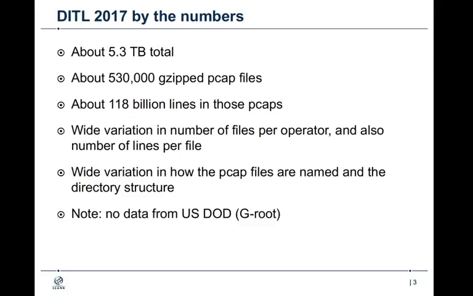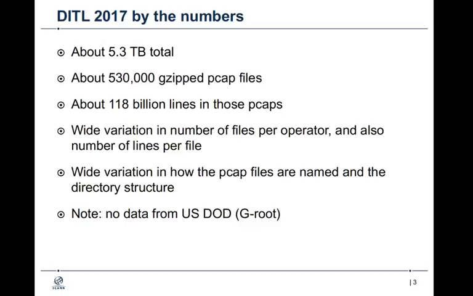The organization is a little bit funky. Thanks to Dwayne, it gets better. There's a sort of second set. But basically, if you go through all of those line by line, you have about 118 billion lines. Not necessarily all information you want to see. And as we know, different root operators have more or fewer queries, but also the way that they gang their PCAP files is different.